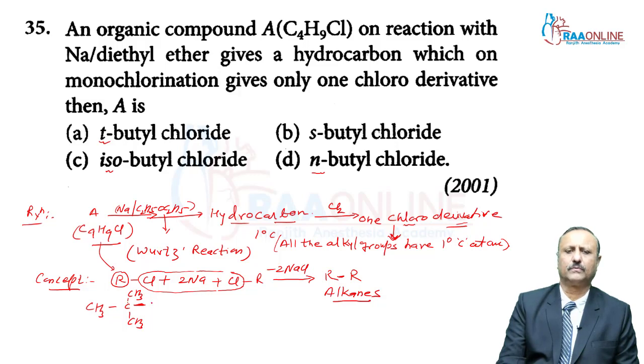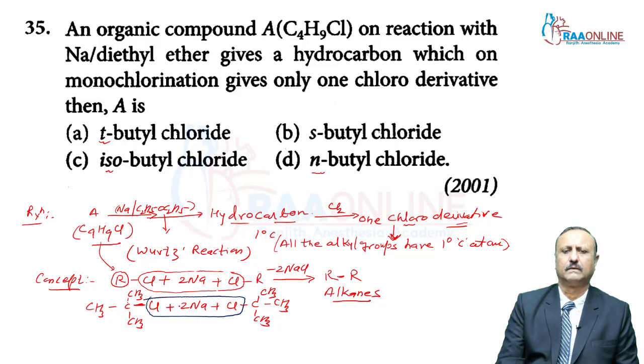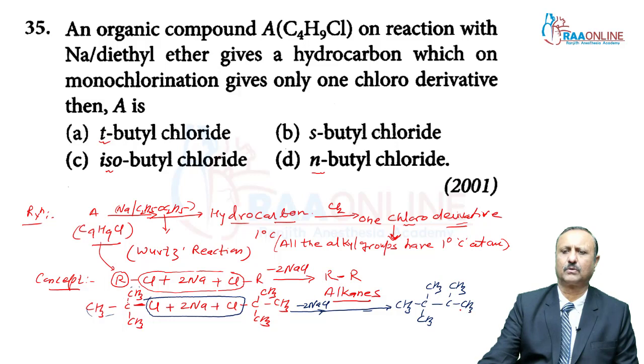Then you can write Cl plus another molecule, twice Na, that is Cl, C(CH3)3. Now you can remove twice NaCl, and the two groups join, and you have the compound which gives only primary chloro derivatives.